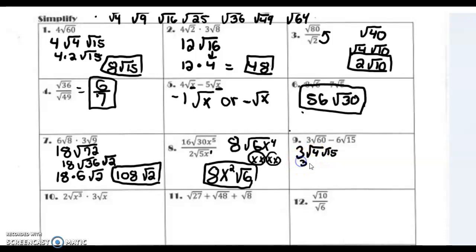So that would be 3 times 2 is radical 15. 3 times 2 is 6, so that's 6 radical 15. Alright, now this one, 6 radical 15, that can't be broken down. So basically what we're doing is we're just subtracting the same thing by the same thing, which would just be a big fat 0. Okay?